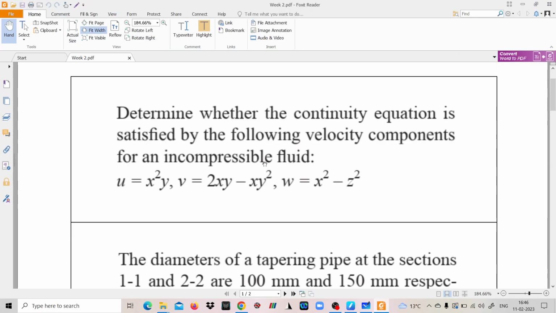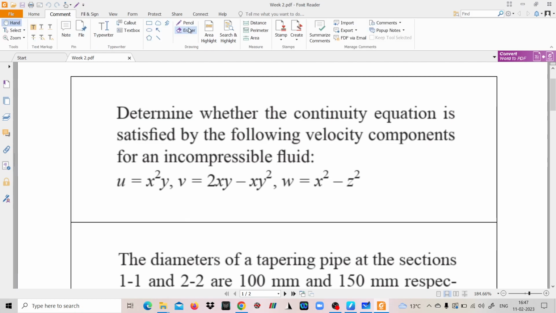So the first problem: determine whether the continuity equation is satisfied by the velocity components.